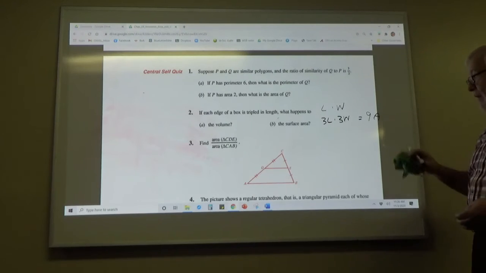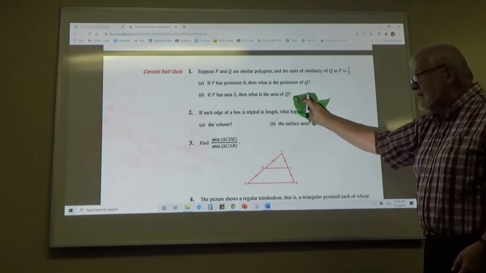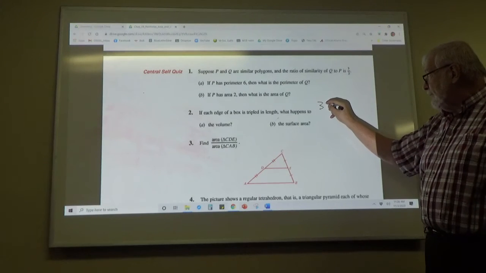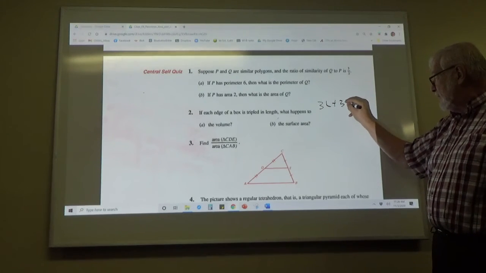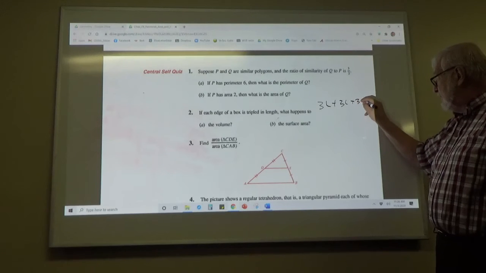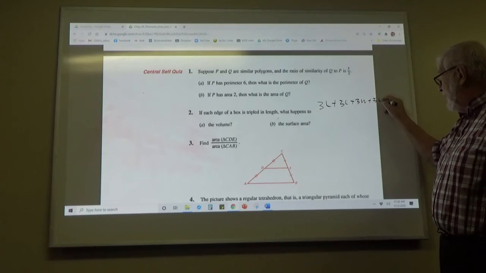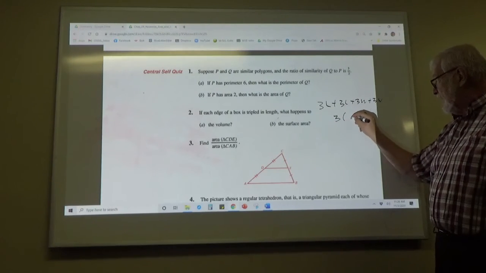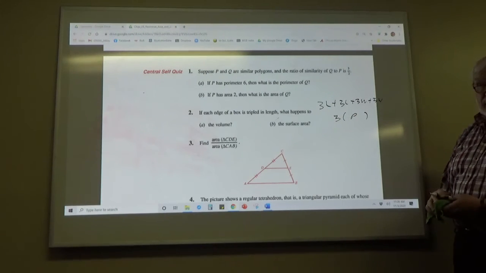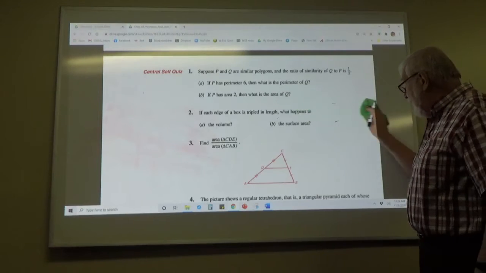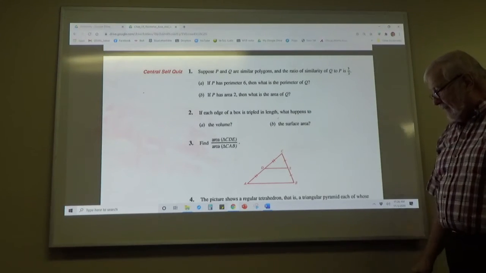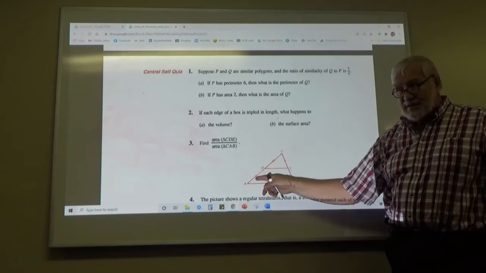And if it was perimeter, it would just be 3 times as large, because it would be 3L plus 3L plus 3W plus 3W, and it would just be 3 times the perimeter. Okay, so those are all parts. Now, do you notice this is this?